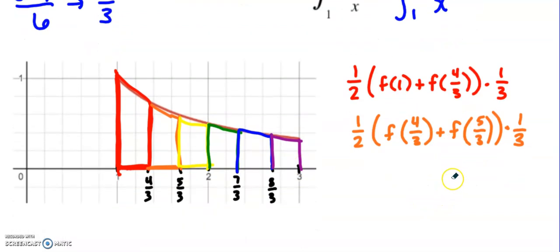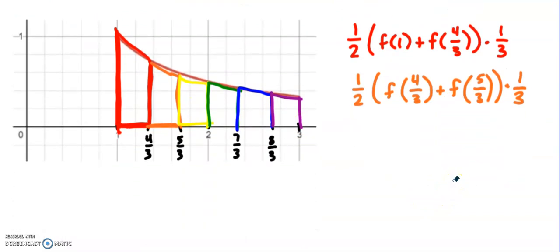So what I would like for you to do is take a minute in your calculator, okay? So this is where you can use your calculator, and I want you to evaluate each of the areas of these trapezoids. So this one, the yellow one, will be f of 5/3 plus f of 2 times 1/3. And then think about what the green, the blue, and the purple are going to be.